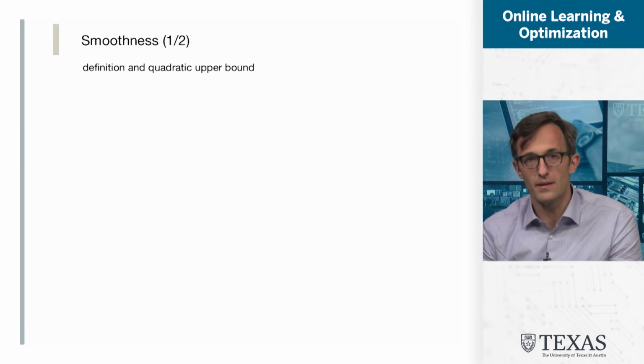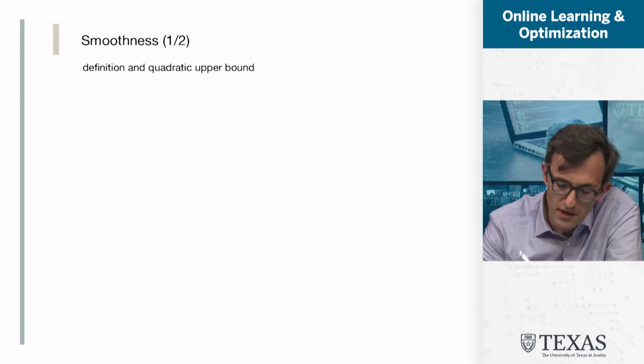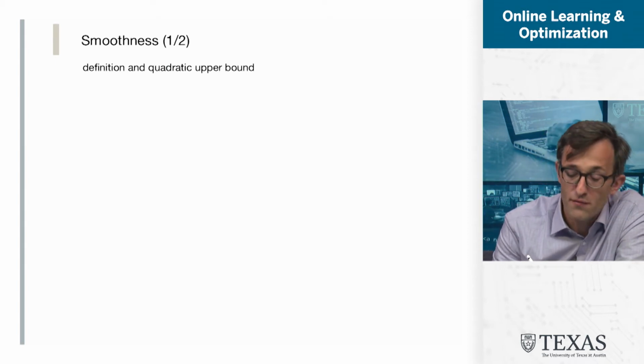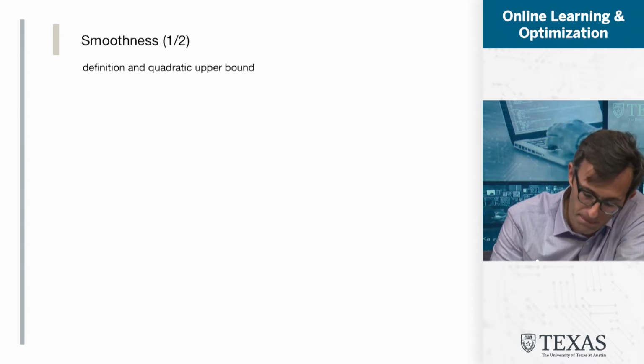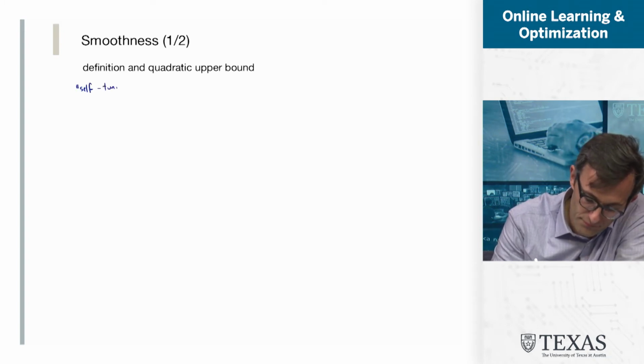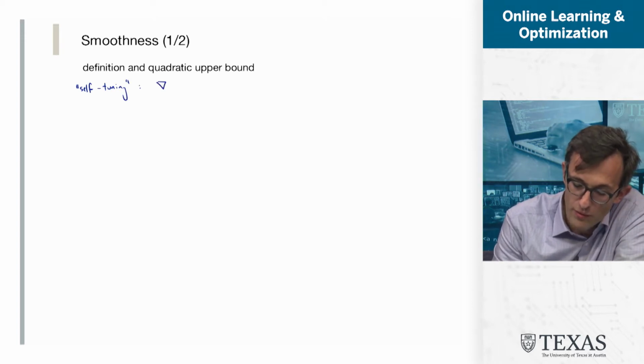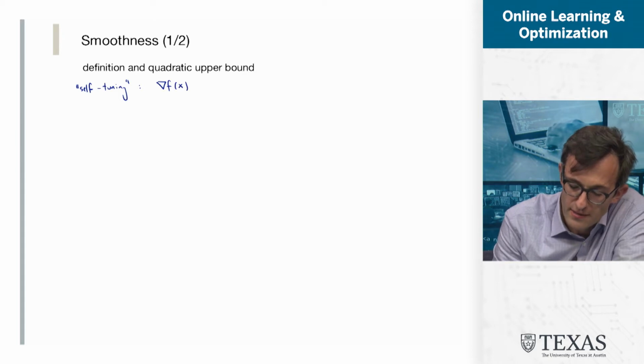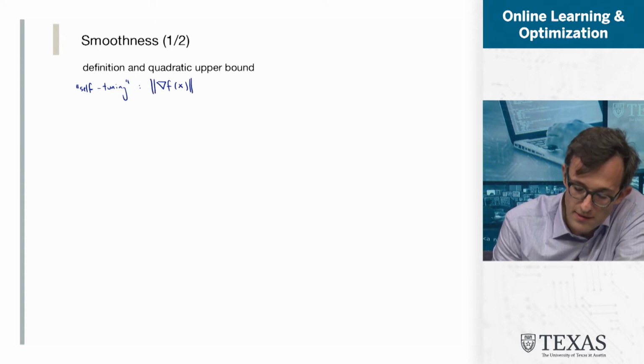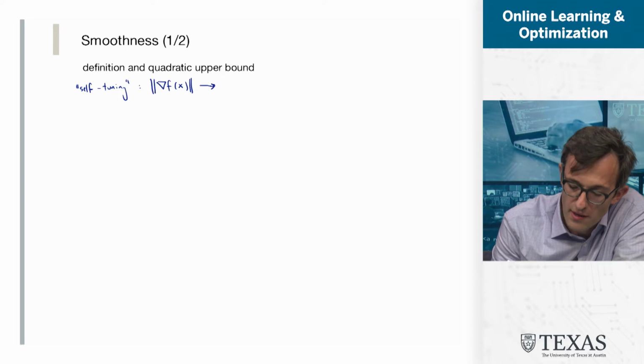Okay, so let's talk about smoothness. The motivation here comes from the idea of self-tuning. Remember, we saw that what we used is that the norm of the gradient of f of x goes to 0 as x goes to x star.